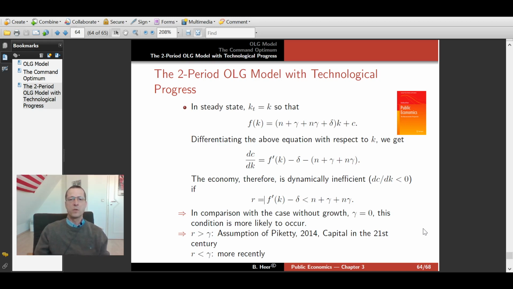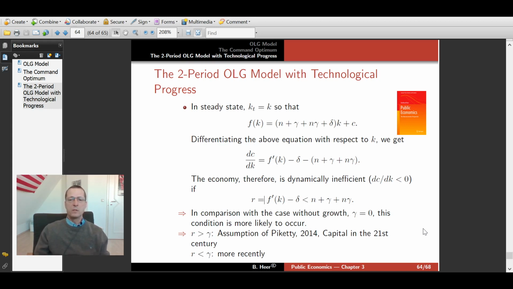And you might want to think about these two economic variables, the real rate of return, the real interest rate on the one hand, and the economic growth rate on the other hand, in a little bit more detail.